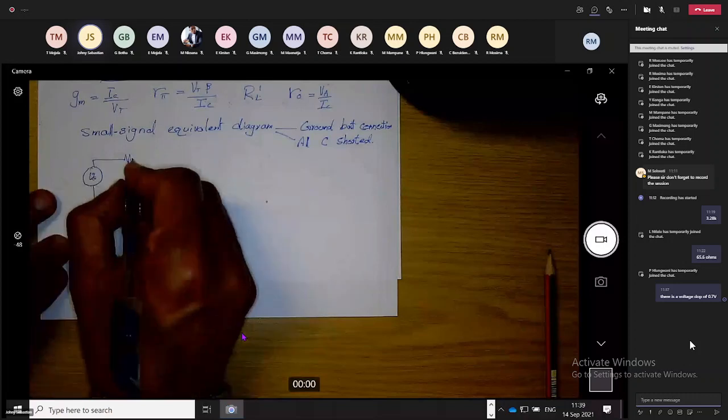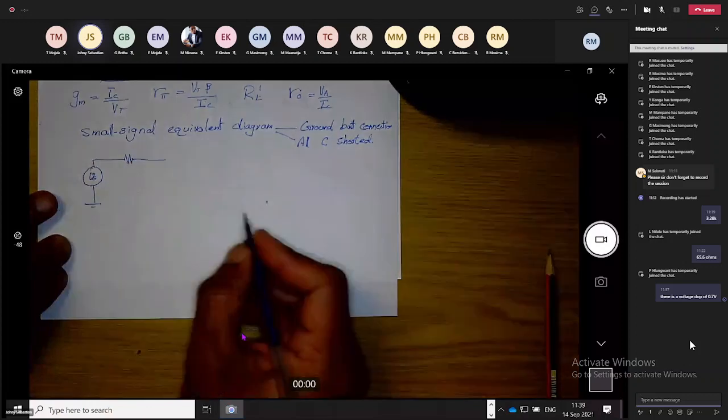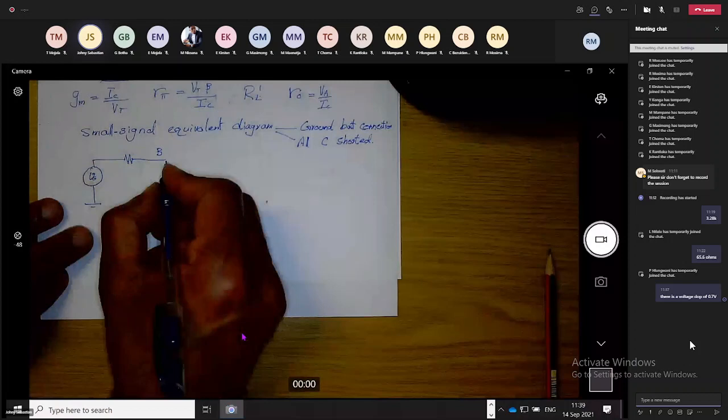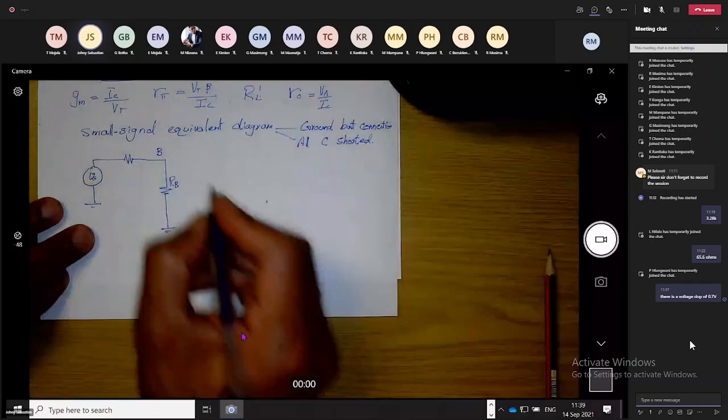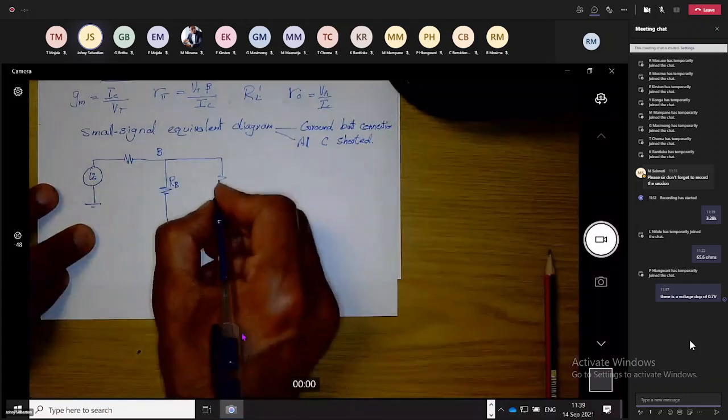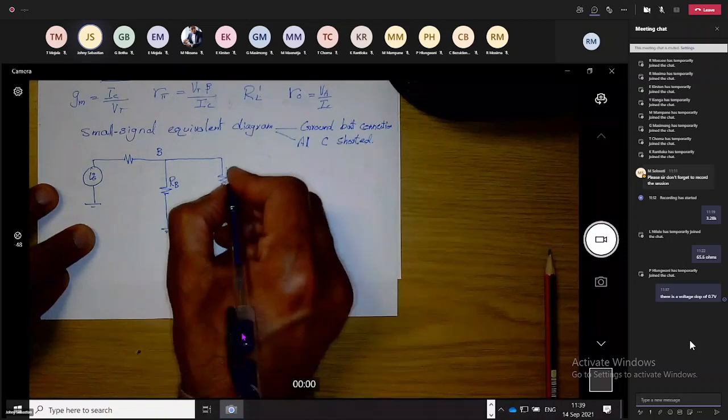You reach the base. From the base, R1 parallel R2 going to ground, I call it RB. From the same base point, there is the input resistance looking at the base. We call it R pi.